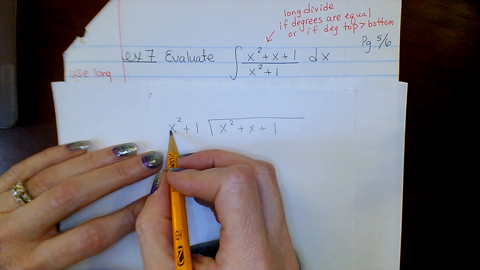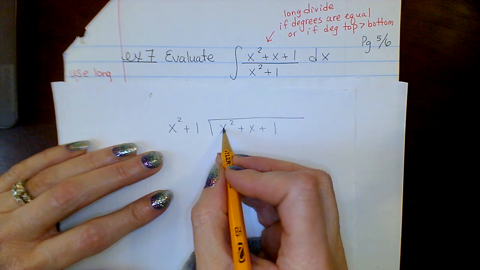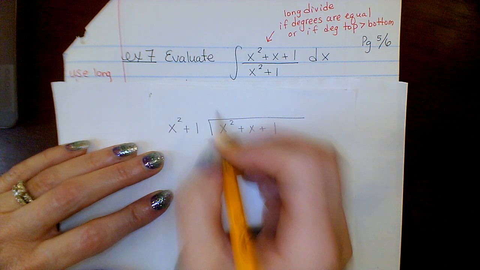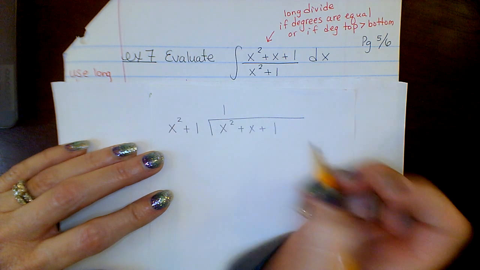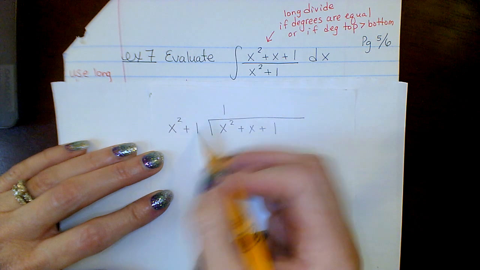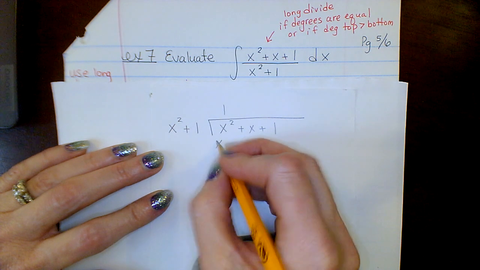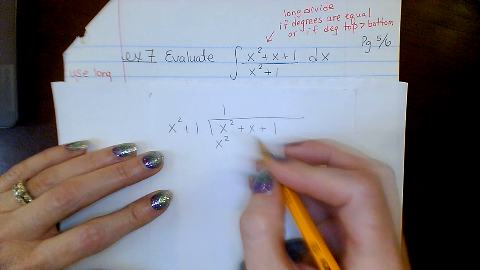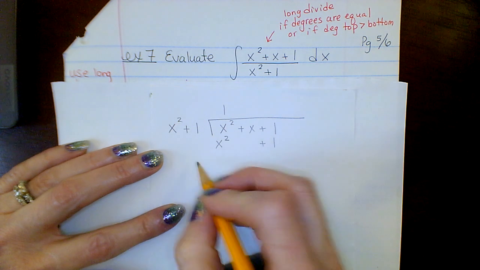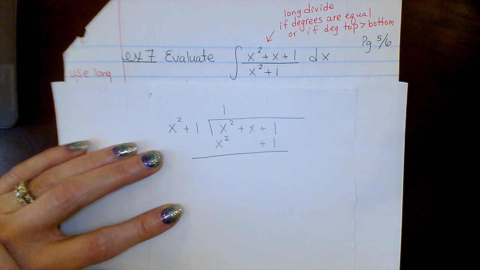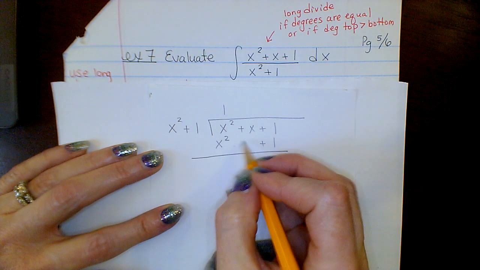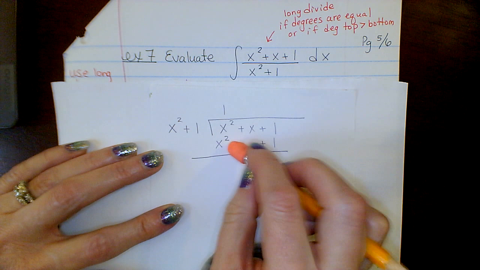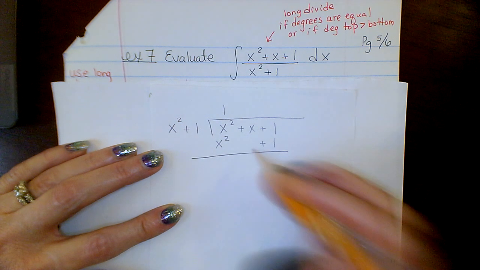So what do I have to multiply x squared by to get x squared? Well, 1. Distribute. 1 times x squared is x squared. 1 times 1 is 1. Notice how I lined up those like terms. I didn't put plus 1 right here because that x and that 1 were not like terms. They couldn't be combined.